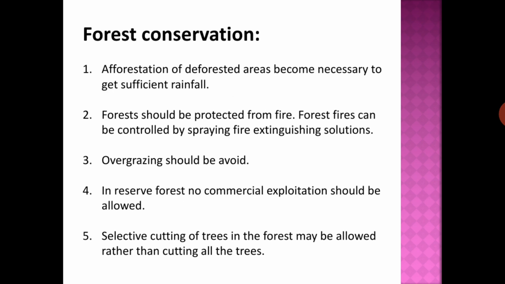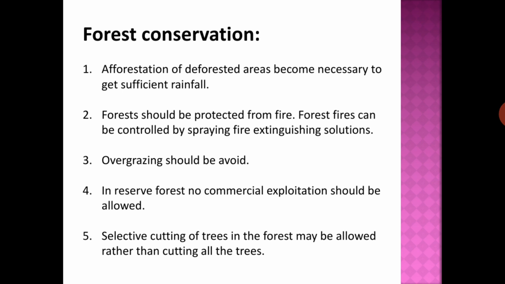So next, how to conserve it? Now you studied the effects of deforestation, how to conserve the forest. Afforestation of deforested areas becomes necessary to get sufficient rainfall. So here we have to carry out the afforestation process.